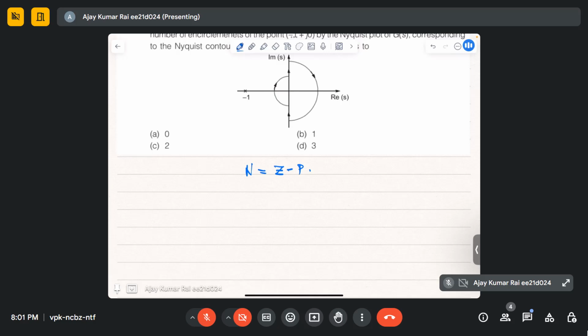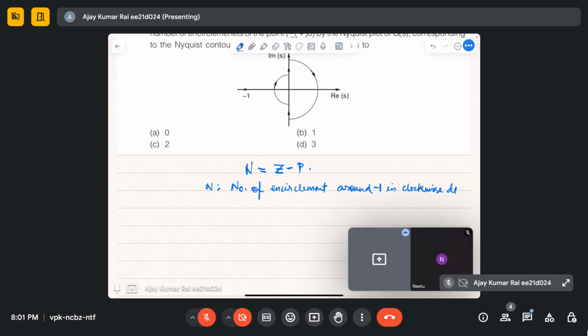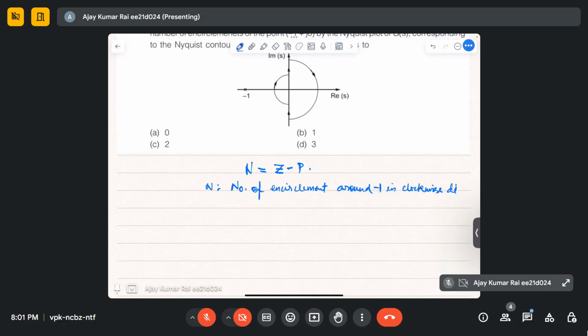Where N is the number of encirclements around the -1 point in the clockwise direction, right? Clockwise direction. And what is Z?